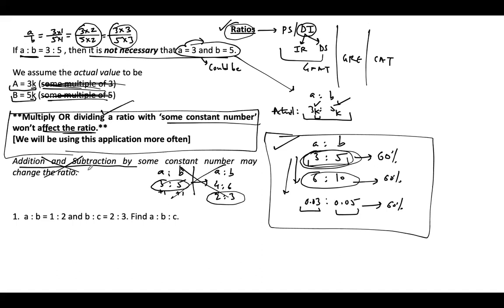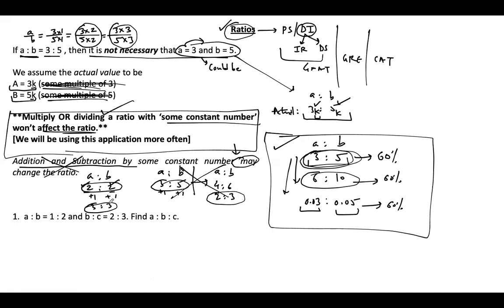And why did I write may change the ratio? For example, if the numbers were the same, like 2 is to 2, then adding 1 and 1 gives 3 is to 3. Is it changing the ratio? Earlier it was 1 is to 1, and now as well it is 1 is to 1.